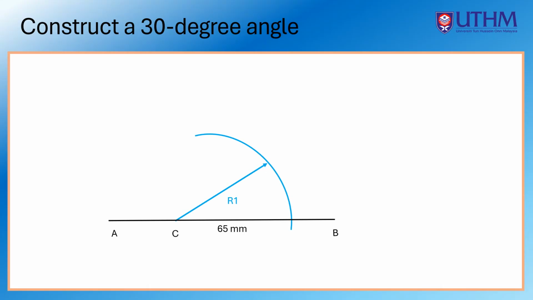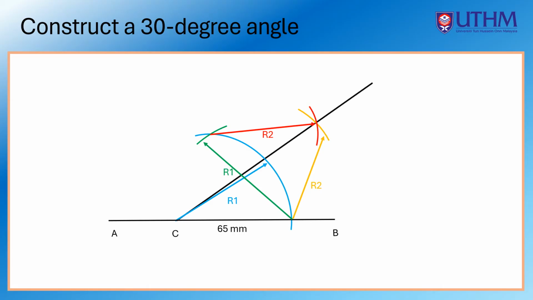From the point of intersection with the same radius R1, create a curve that intersects with the previous curve from point C. From these 2 points of intersection, create a curve with radius R2 to divide the angle to 2. Finally, make a straight line that connects point C to this intersection to create a 30-degree angle. Now you have created a 30-degree angle.